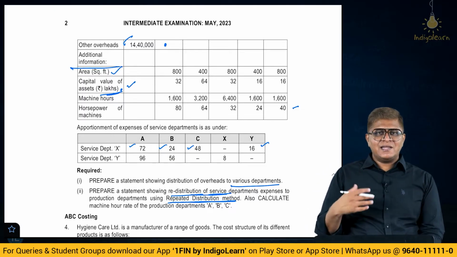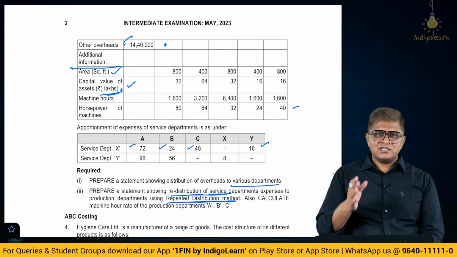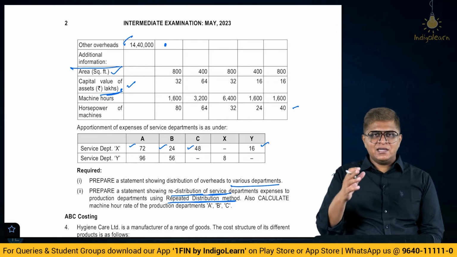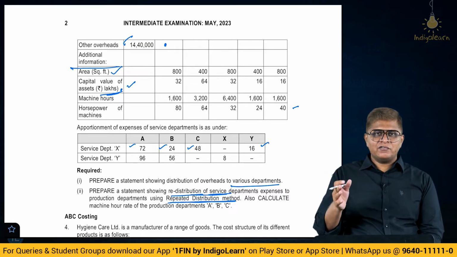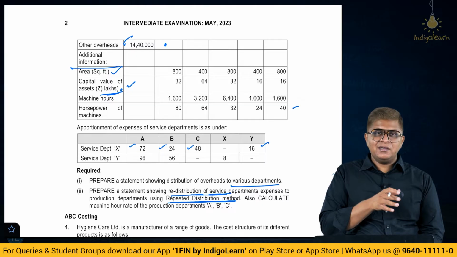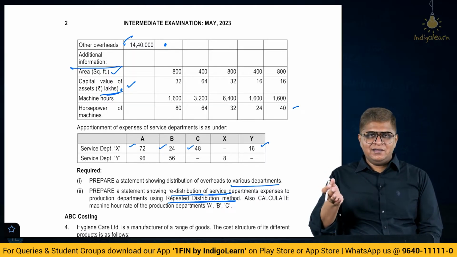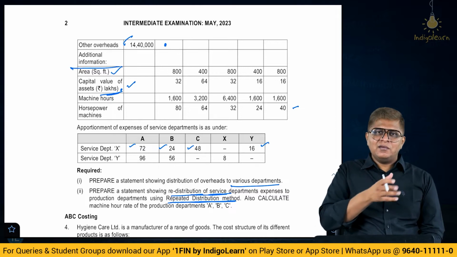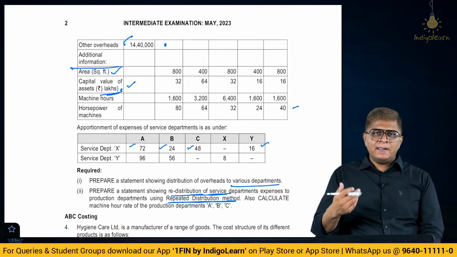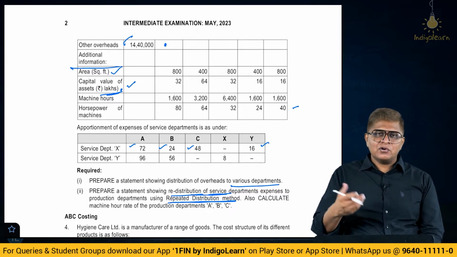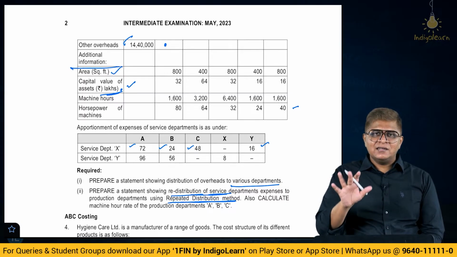So step by step we will have to redistribute. First X goes to A, B, C and Y, then whatever is the total of Y, it goes to A, B and X. Then again X we will distribute to A, B, C and Y. Then balance of Y will distribute to A, B and X and so on and so forth. We will keep on doing that till it becomes negligible.